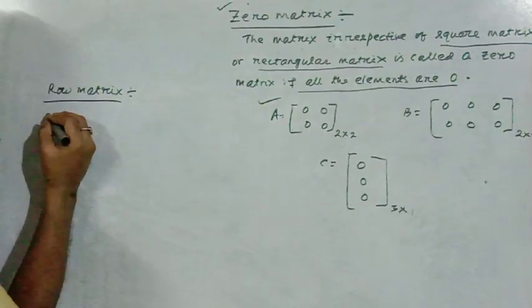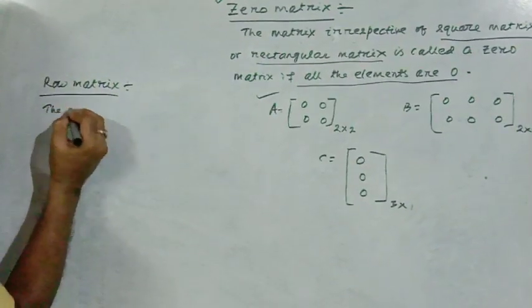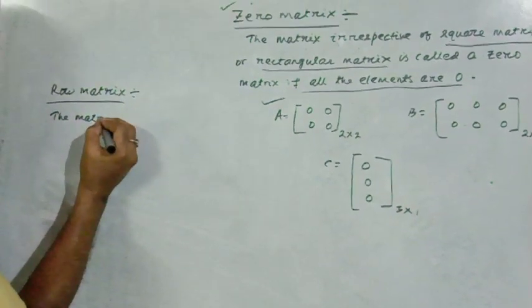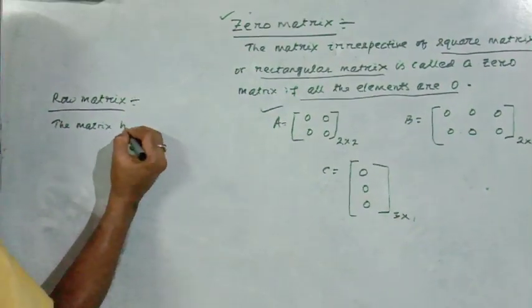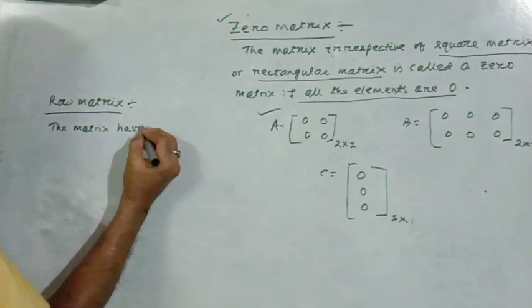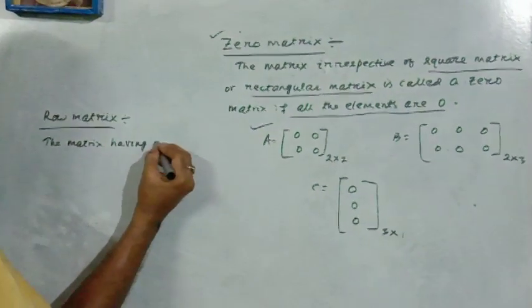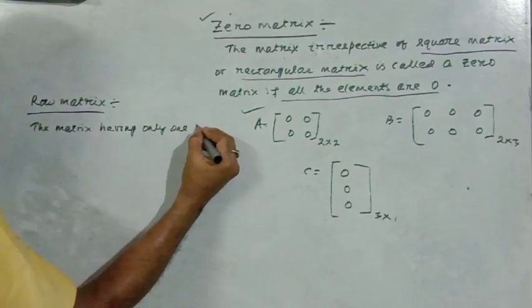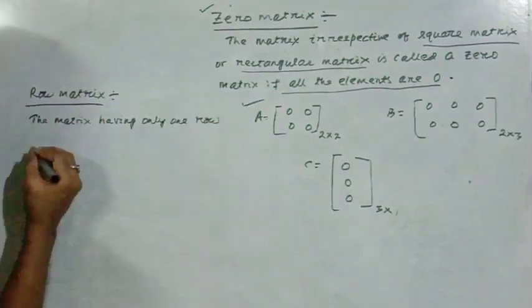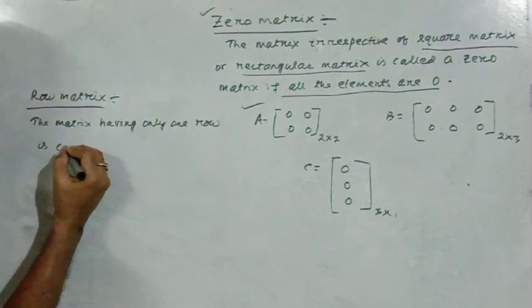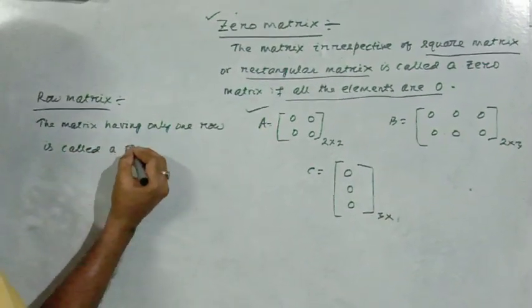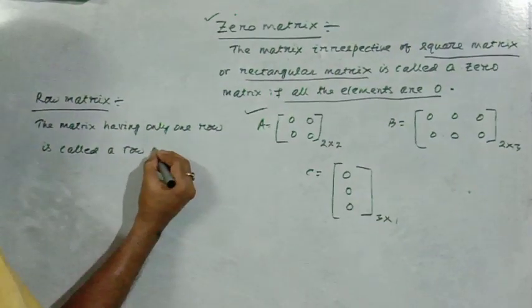Similarly, we can say that the matrix having only one row is called a row matrix.